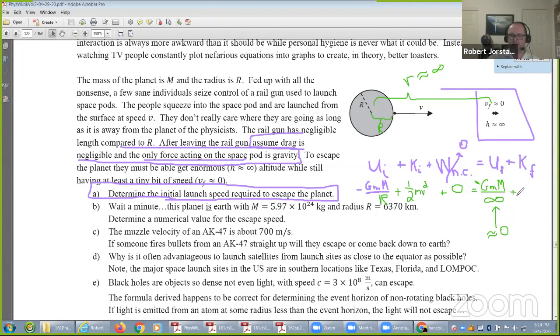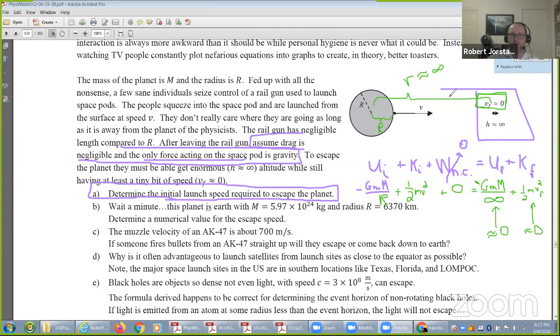And then plus, because it's just barely moving when it gets far away, that's going to be a 1/2 m v final squared. That's also going to be 0, approximately. And notice this minus sign right here is pretty important. Otherwise, the problem doesn't make sense. So that minus sign is pretty important.